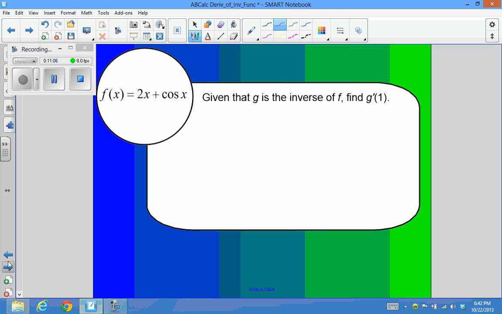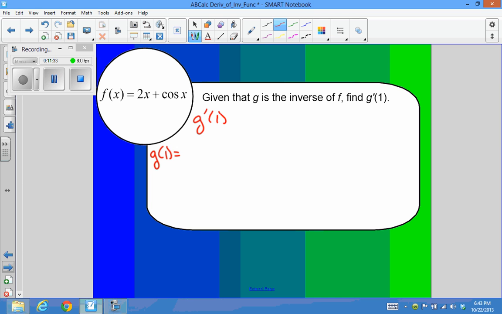Next problem. All right. Given that g is the inverse of f, I'm supposed to find g prime at 1. If I need to find g prime at 1, then that means I need to know the value of g at 1. If you'll always go up to the side and write that down, it's going to make these problems easier.